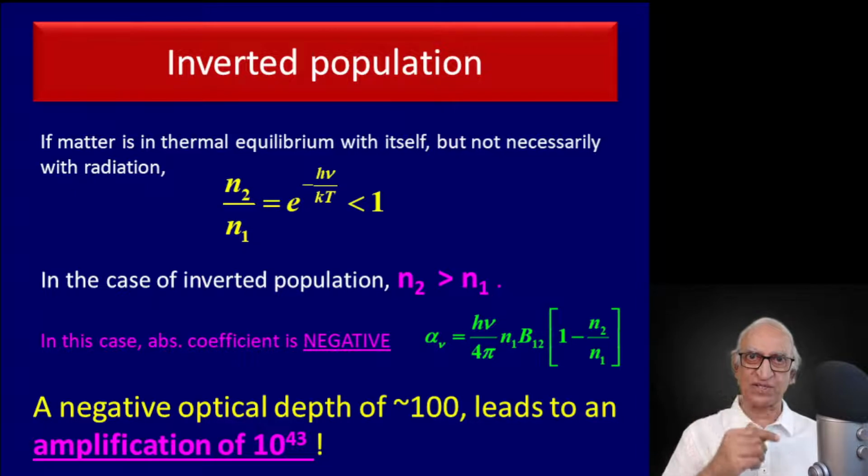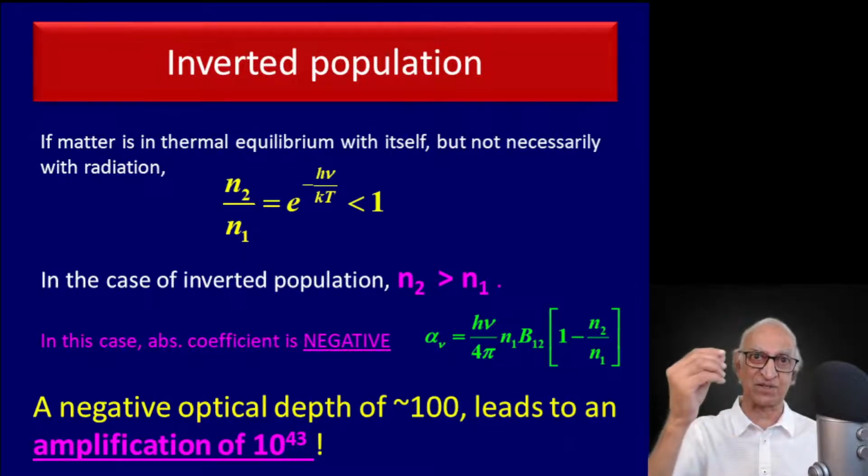So that's what optical depth is. So if the absorption coefficient is negative, the optical depth is negative. Previously, we said the intensity of radiation will be the intensity of radiation you will get from a black body at that frequency multiplied by e to the power minus tau. And tau was a positive number. Now tau is a negative number. So it is exponential to the power plus modulus of tau.